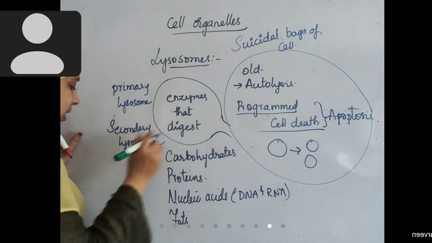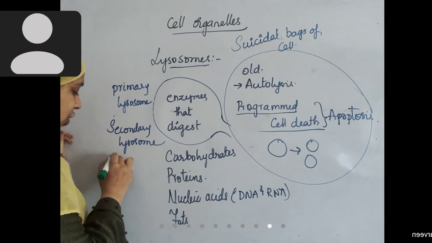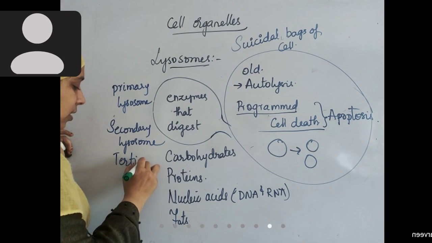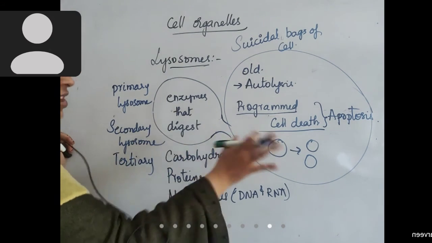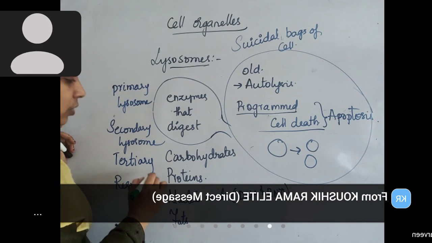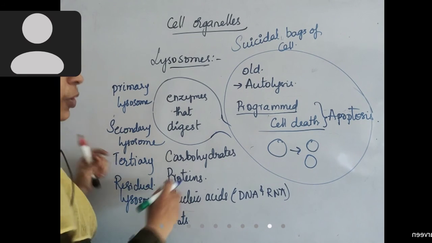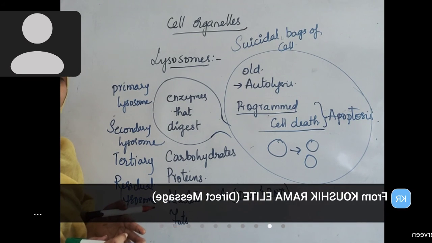After the contents are completely formed, at that time it is called a tertiary lysosome. And when it is releasing all the contents, it is called a residual lysosome also. So depending upon the stage in which it is, it is called by different names.